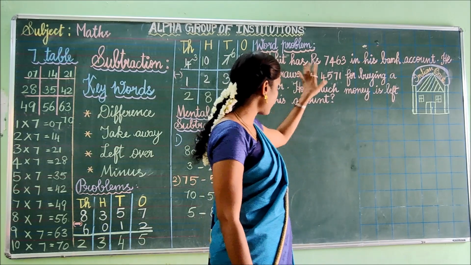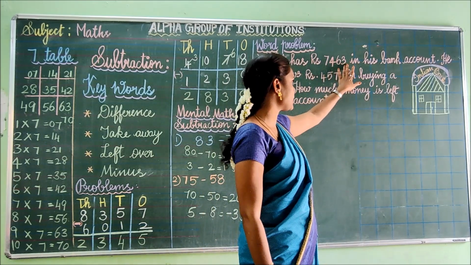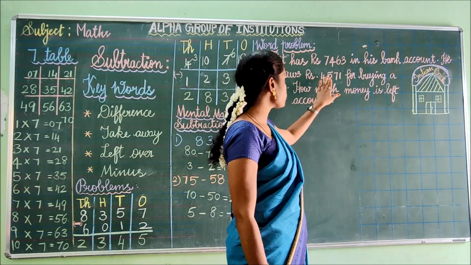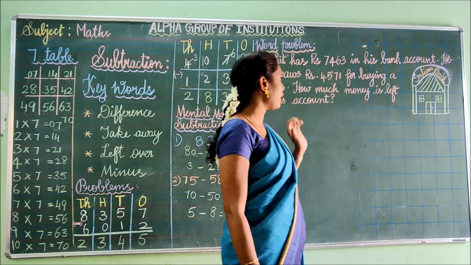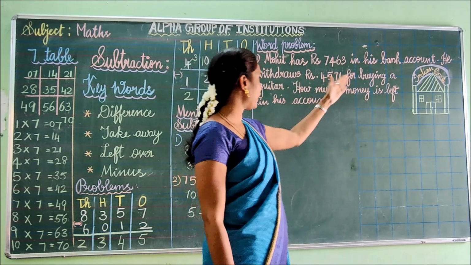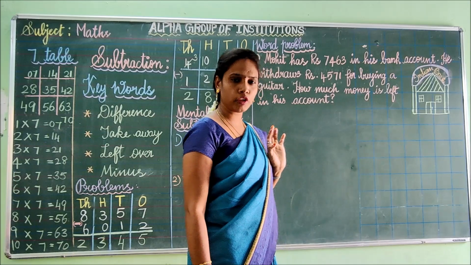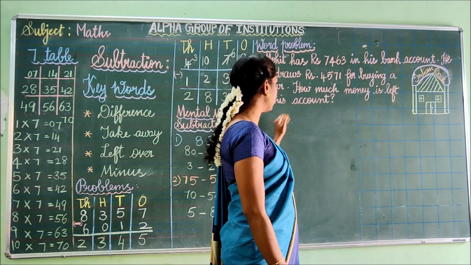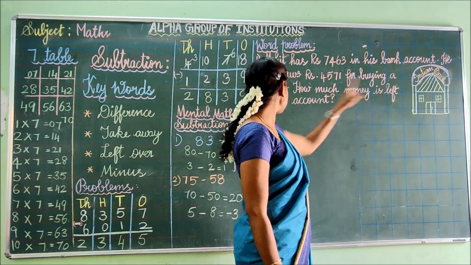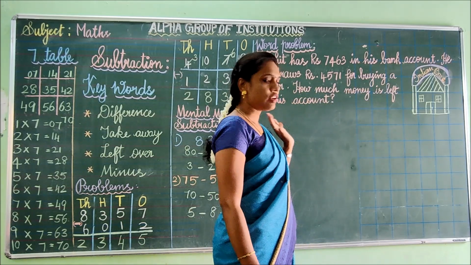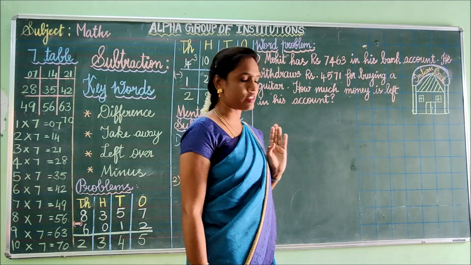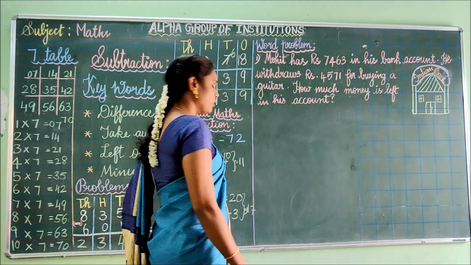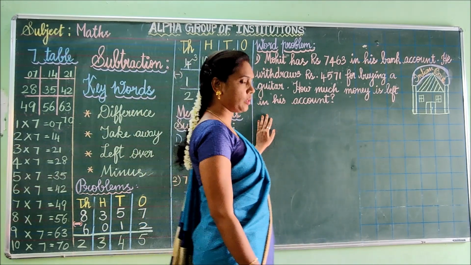From 7,463 he took 4,571 rupees for buying a guitar. You know what a guitar is, right? So what we have to find here is how much money is left in his account. Now find out the keyword here, children. Here I have written the keywords. Just find out the keyword here.